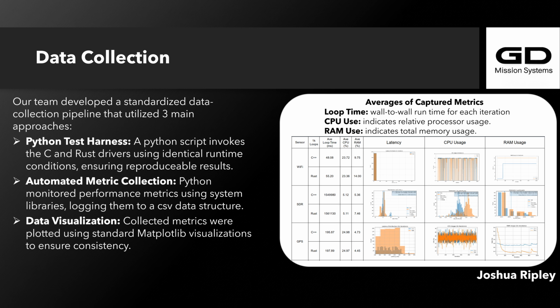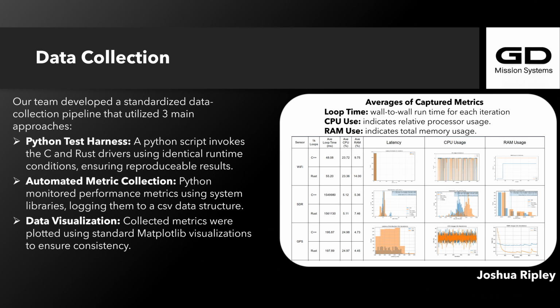The metrics that were chosen to be captured were the average loop time, which is the wall-to-wall time to run each iteration, the average CPU usage, which would indicate relative processor usage, and average RAM usage, indicating total memory. Loop time was chosen because real-time systems are dependent on predictable low-latency processing.